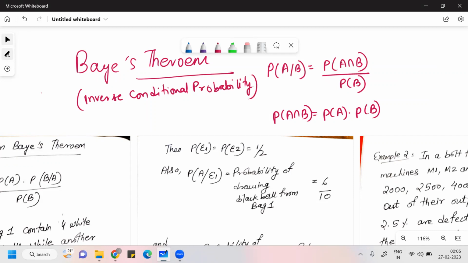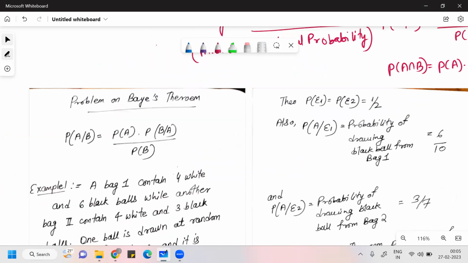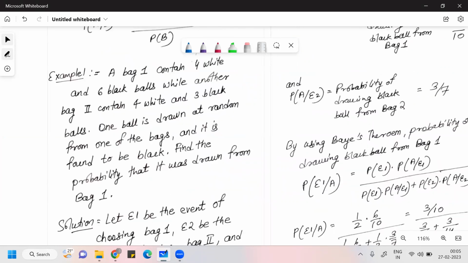Generally, in probability numericals, they give us a scenario like a bag which contains so many red, yellow, green balls, and ask what is the probability that you get a green ball, or a black ball given that the first ball is green. But in Bayes theorem problems, they will give you the output, and then ask you what is the probability that this output came from this way.